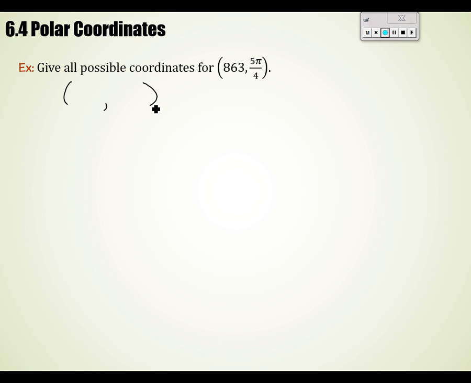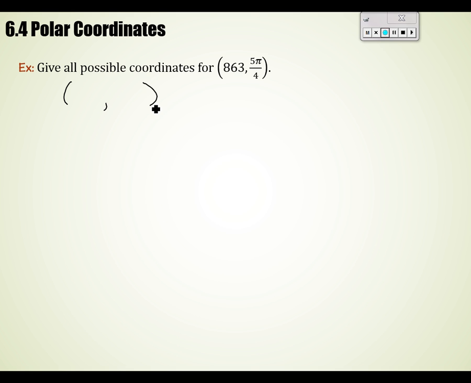Give me another correct name for that set of polar coordinates. Do you have in mind where it is? 863 units in the 5 pi over 4 direction. So we're over here, right? You're welcome to even still say in the third quadrant, right? Yeah. You've got a good set of coordinates for us.